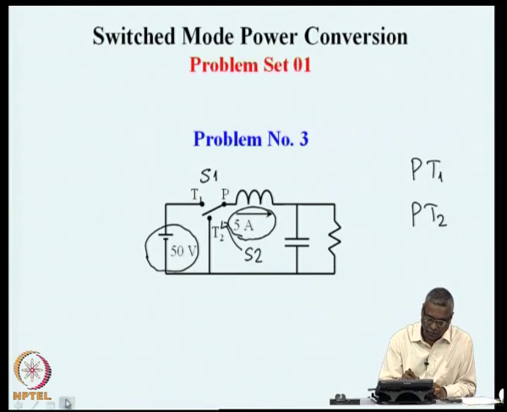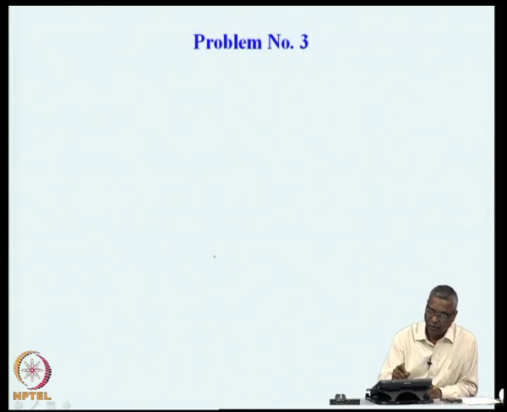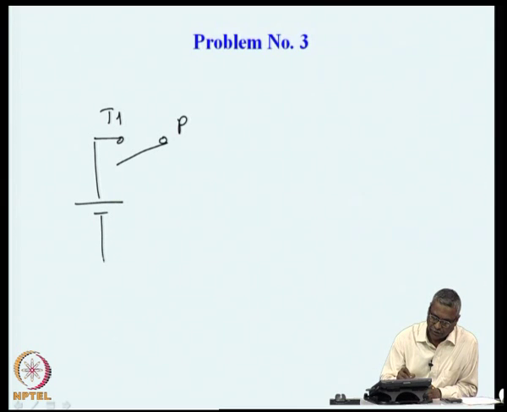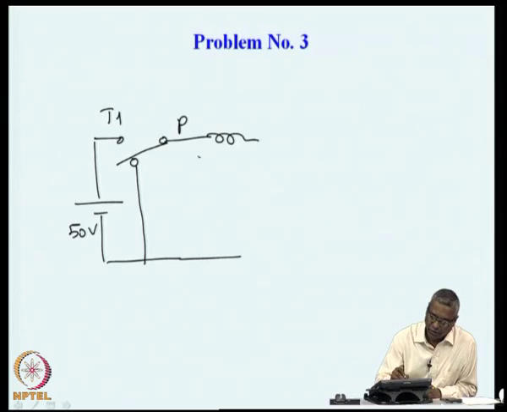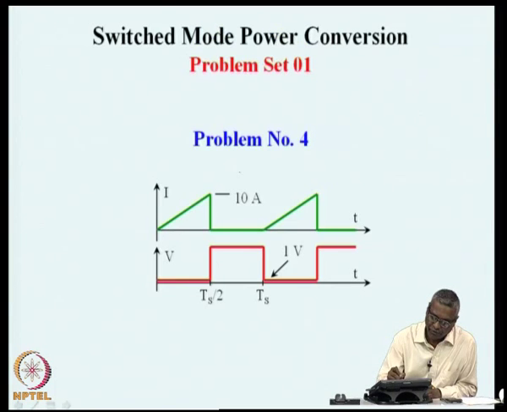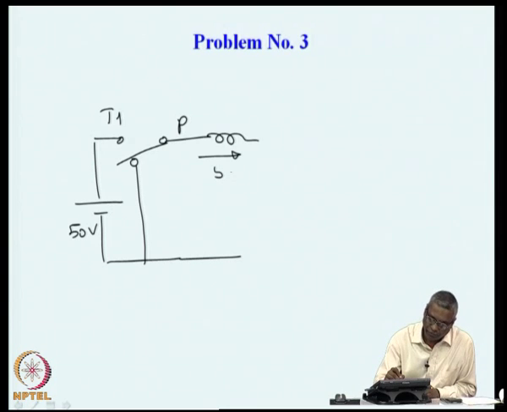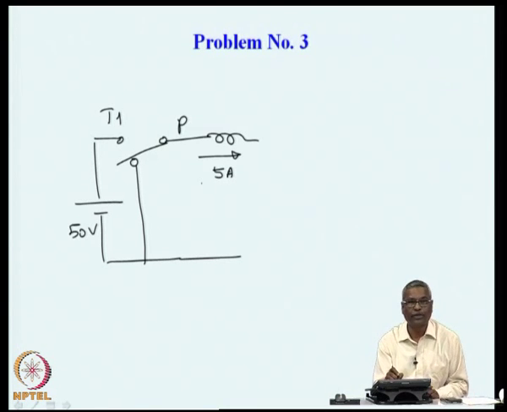So, now let us look at the switch PT1. What we have here is PT1 and this voltage is 50 volts, and a current of 5 amperes. Current of 5 amperes is flowing through the inductor.